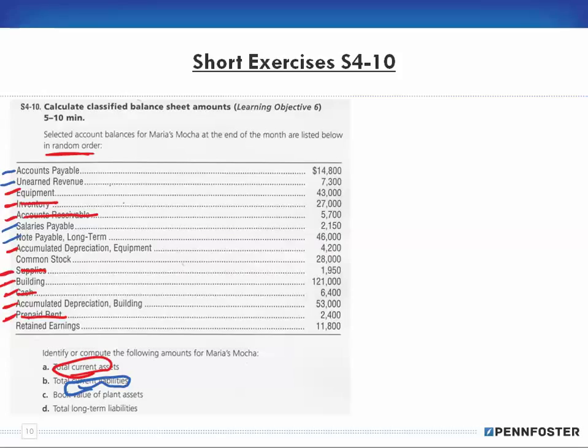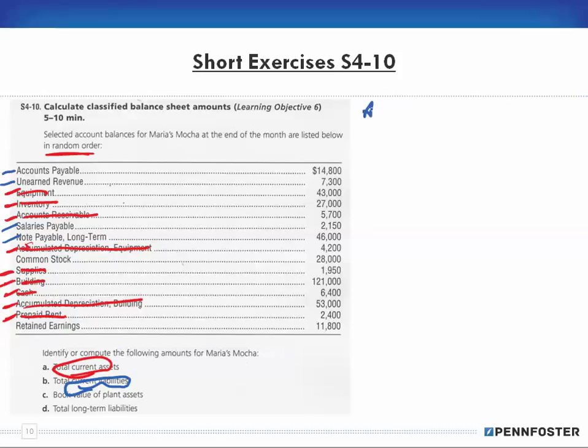We got rid of the building, accumulated depreciation building, equipment. So we have accounts payable, unearned revenue, salary payable, note payable. They're our liability accounts. But what are our current liabilities?